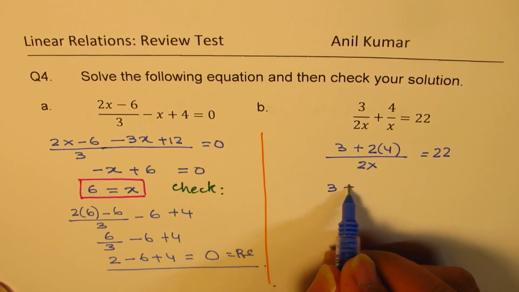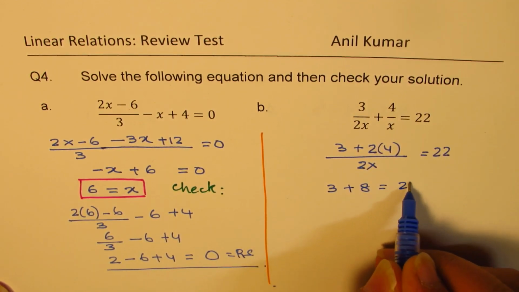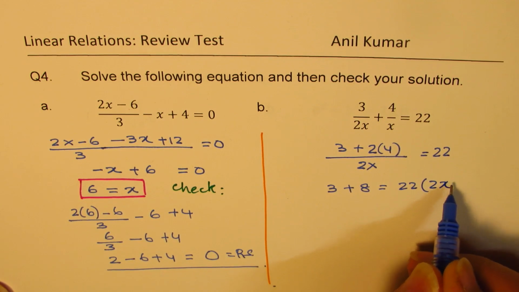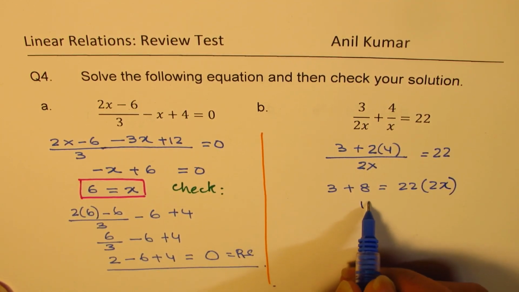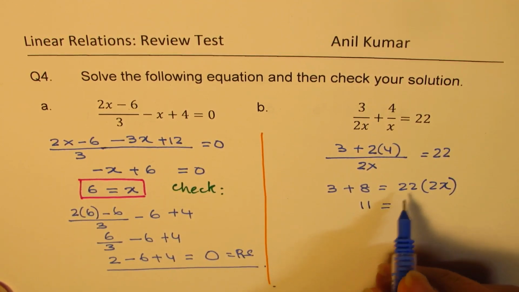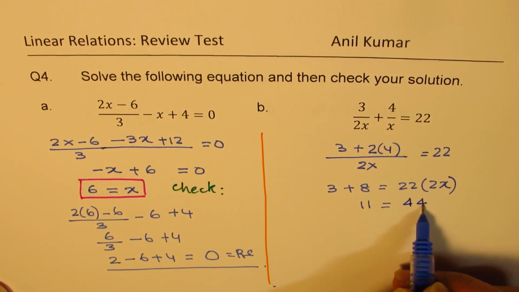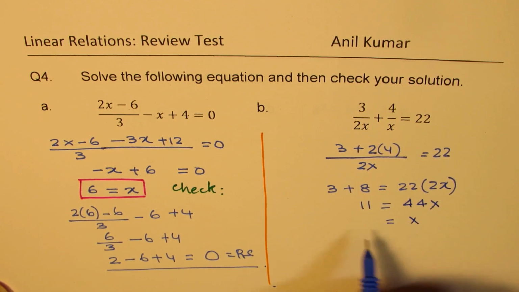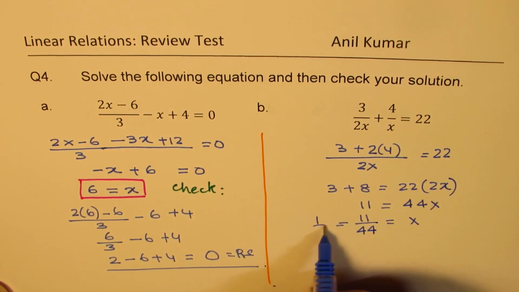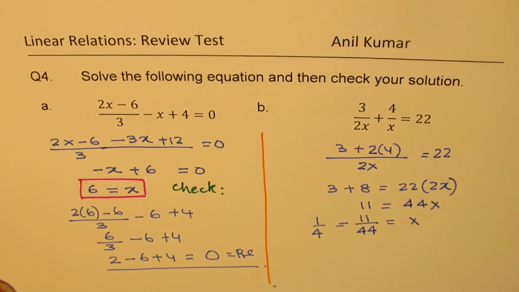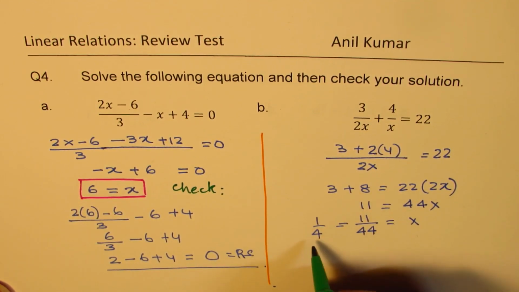So we have 3 plus 8 equals 22 times 2x. Clear? 3 plus 8 is 11. And we are going to divide this by 44. Here we have 44x, correct? To get the value of x, we'll do 11 divided by 44, and we get a value of 1 over 4. So we have x as 1 over 4.